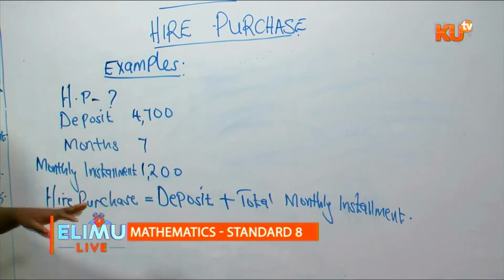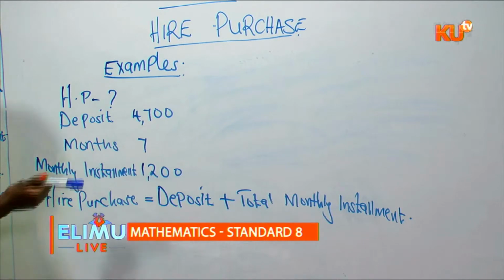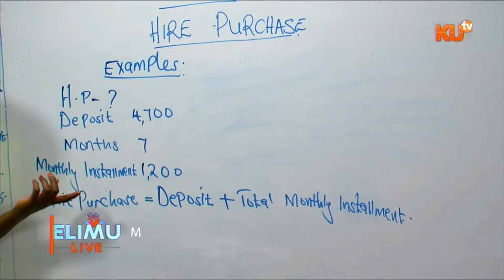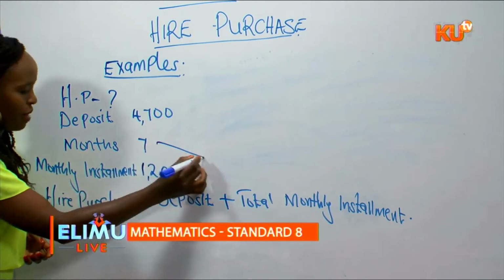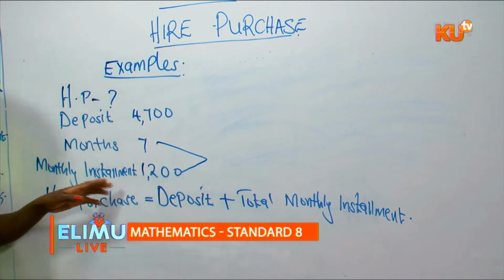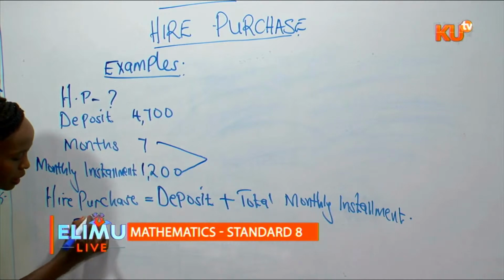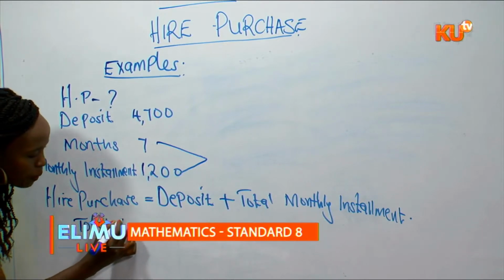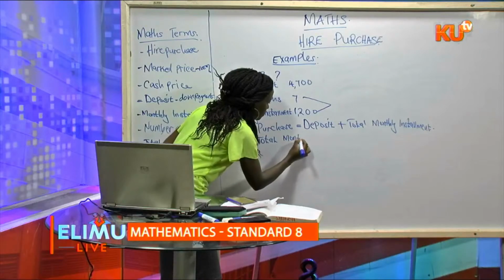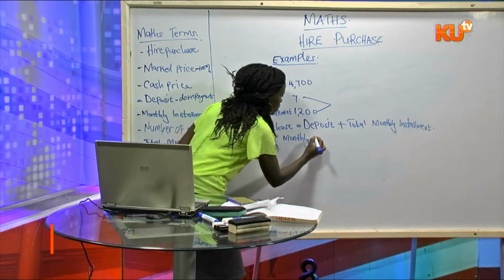The deposit plus the total monthly installment. So we start by calculating the total monthly installment, because you have the months and you have the monthly installment. So we calculate the total monthly installment.